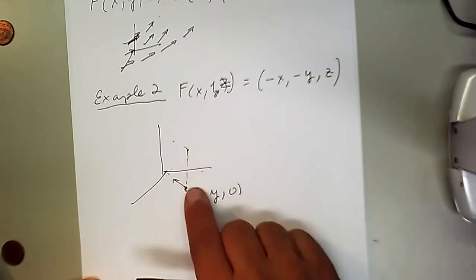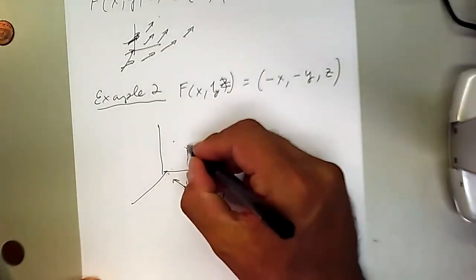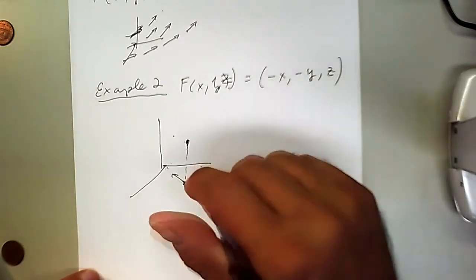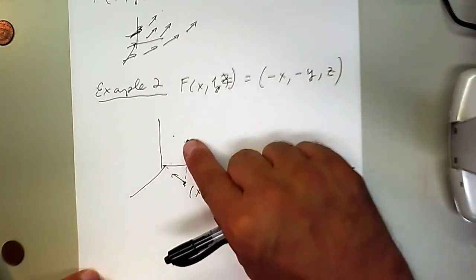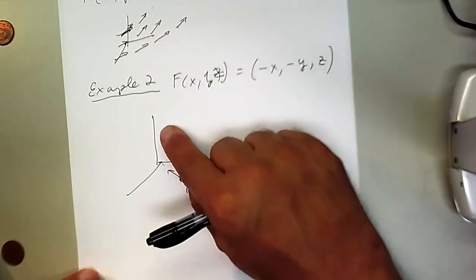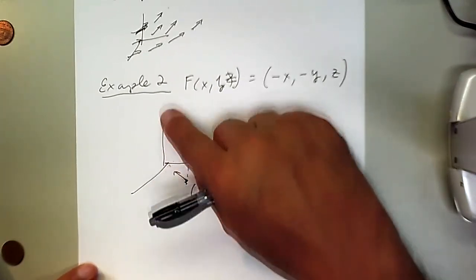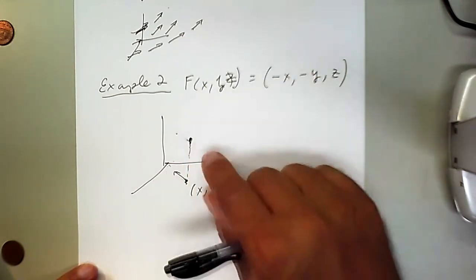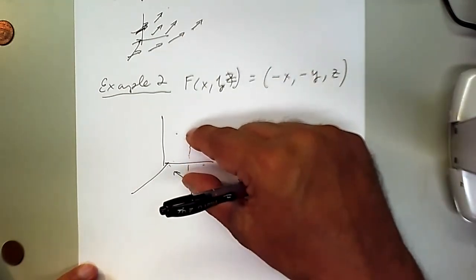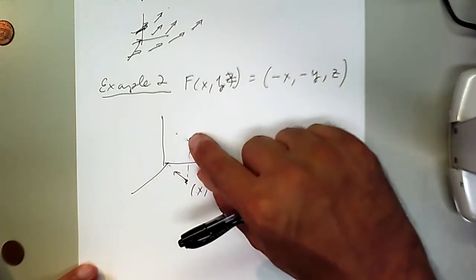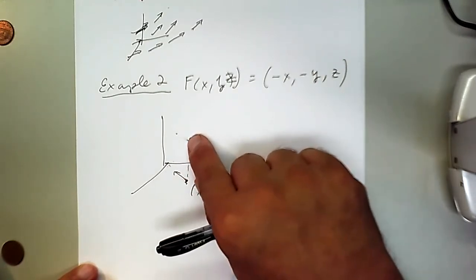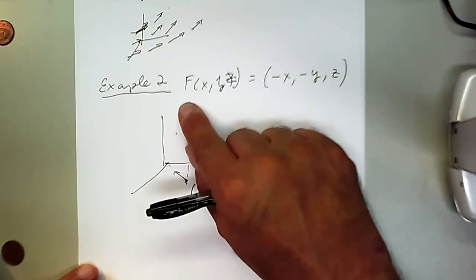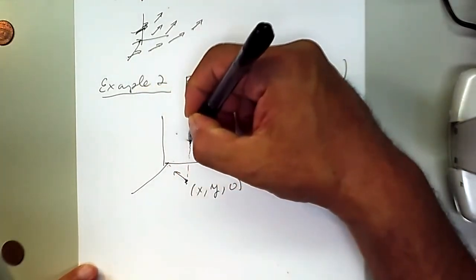But if you take another point directly above it, let's understand what happens to this field. The vector is going to go back in the same direction towards the z-axis, but then we have a z. So for instance, if this was 2 units, the vector is going to go back to the z-axis, but then it is going to go up by 2.